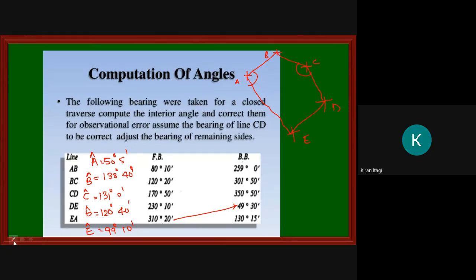Sorry, it is 99 degrees. You should add 360 to that one. 99 degrees 10 minutes. If I draw like this, this is my A, sorry, this is E. This is 310, and here he has given 130. Should be 49.